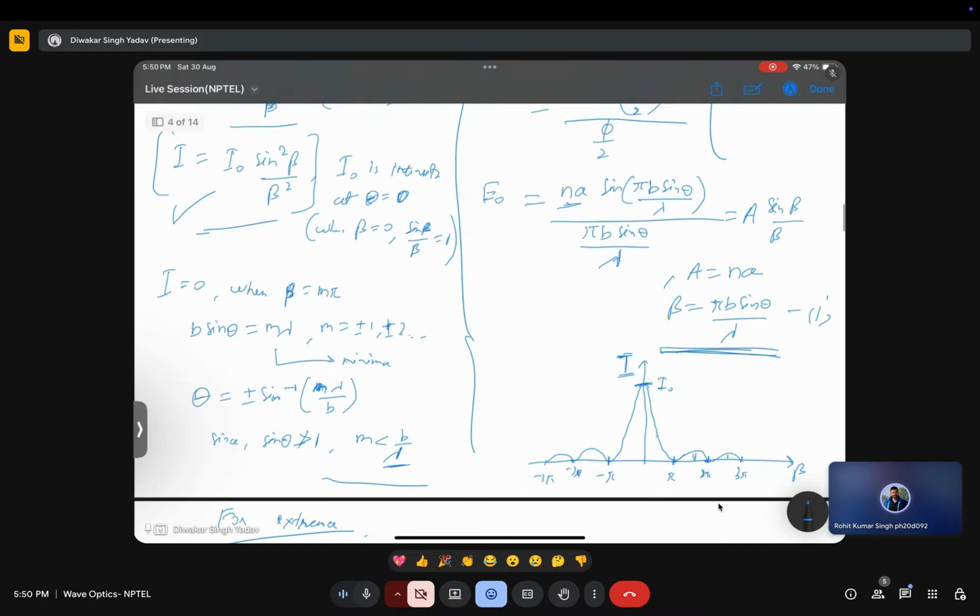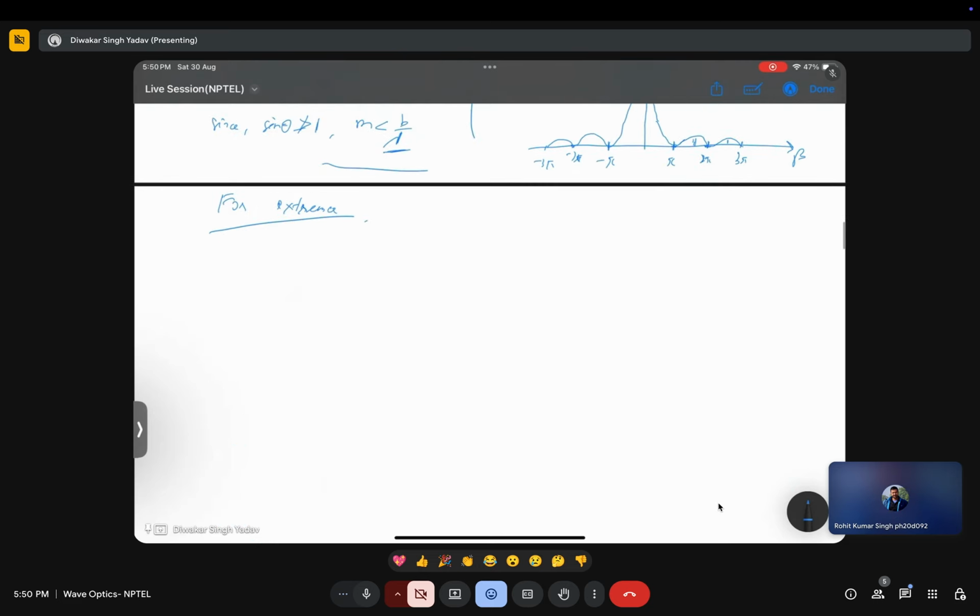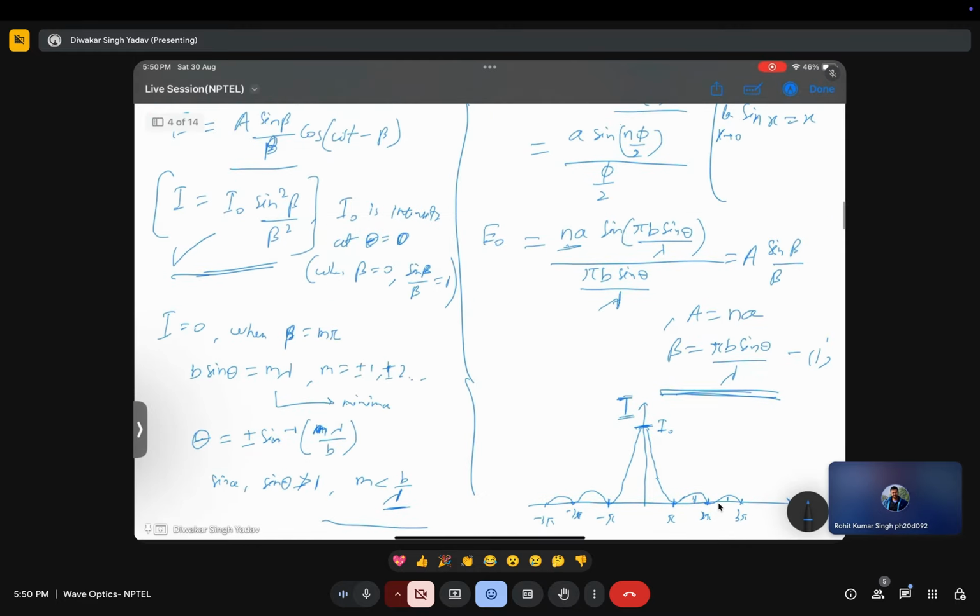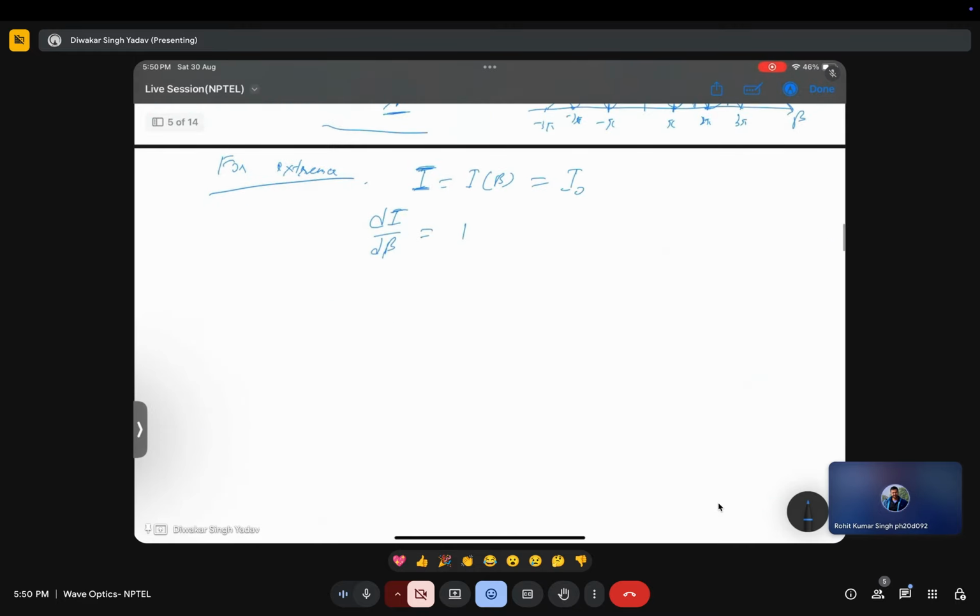So we have the equation of I as a function of beta, so we can differentiate it with respect to beta to get the maximum points of I as a function of beta. If you differentiate the above formula, basically I naught sine square beta by beta square, I naught is constant.